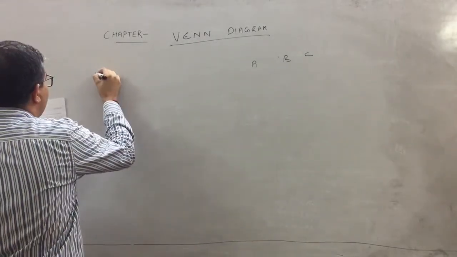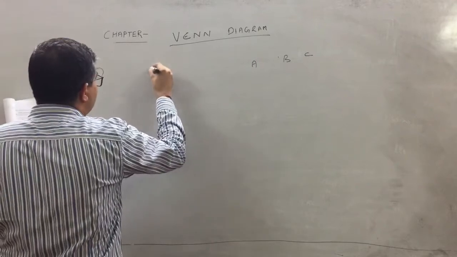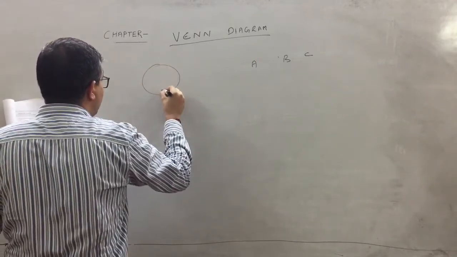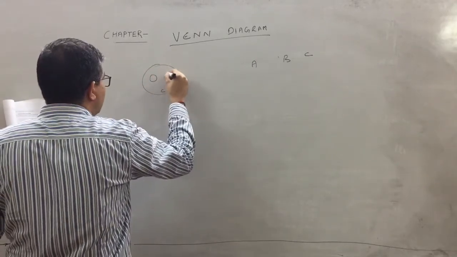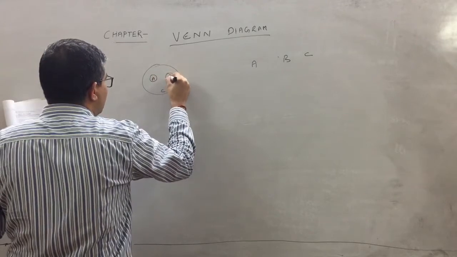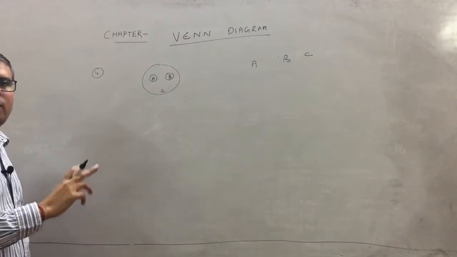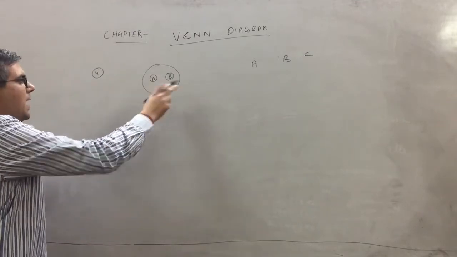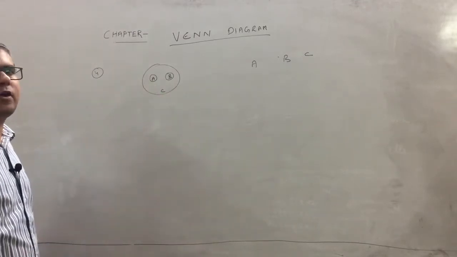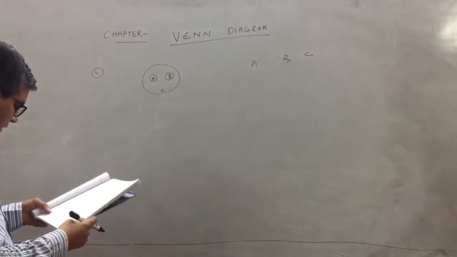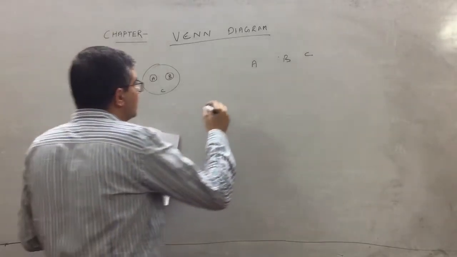Fourth, the Venn diagram is pretty much again clear. C, and you have two elements within it, A and B. A and B in this case both belong to C, but A and B do not have anything common. The example is clearly given.